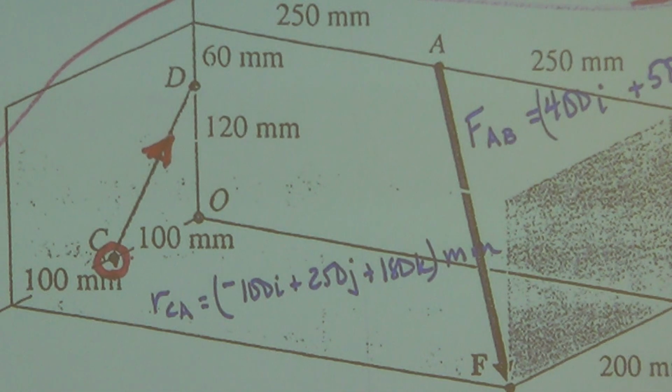If the force is parallel to this line, can this force create a moment about this line? No. What's the other situation? Not 90 degrees, but if they intersect. If this force intersects this line, can it create a moment about it? No. This force has to be off the line for it to create a spin.